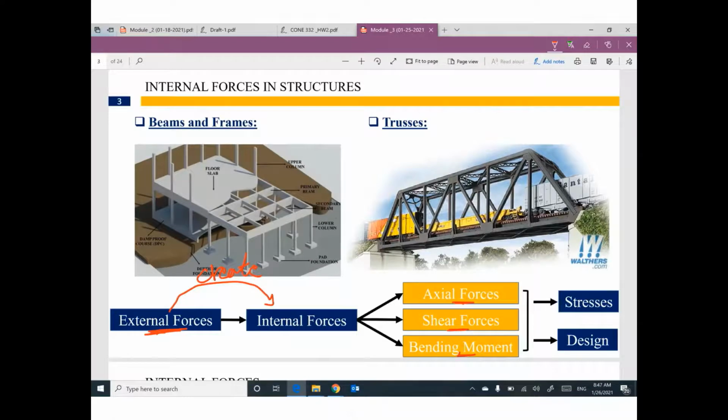These internal forces will be used to calculate stresses, or will be used next semester or next year to design your structure. We will have another two courses, concrete design and steel design. Actually, we will use these diagrams or these internal forces to design the building, whatever the type of building. So this course will be considered basics for the next year.